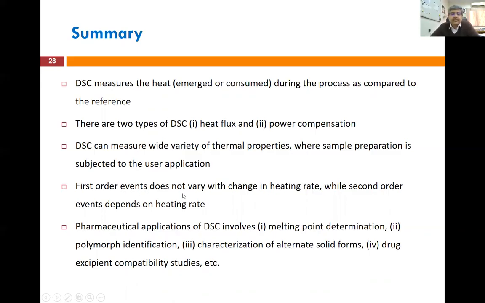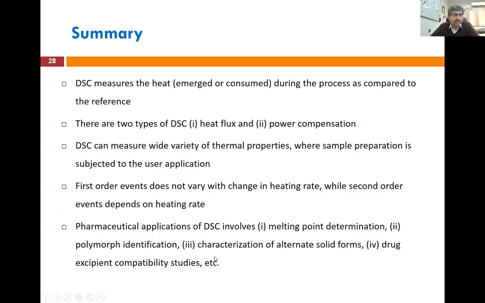First order events do not vary with change in the heating rate, while the second order events depend on the heating rate, and melting point is a first order event and glass transition temperature is a second order event. Pharmaceutical applications of DSC involve melting point determination, polymorph identification, characterization of the alternate solid forms, and drug excipient compatibility studies.